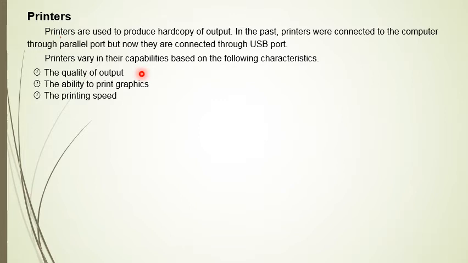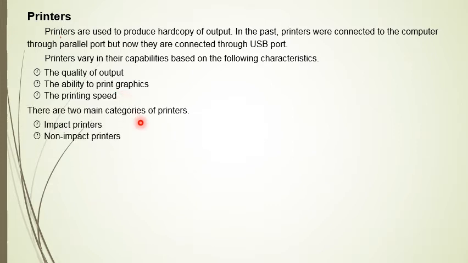The ability to print graphics: some printers are able to produce graphics, some are not, and some are created only for graphics or pictures. And the last one, which most people look at, the printing speed. Printer speed is measured per minute: in 1 minute, how many pages it can print.